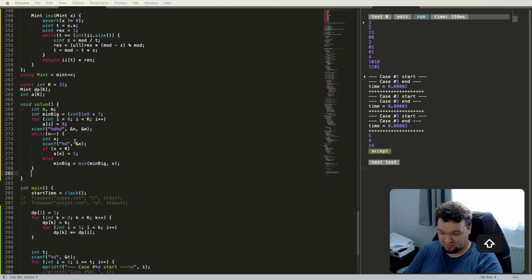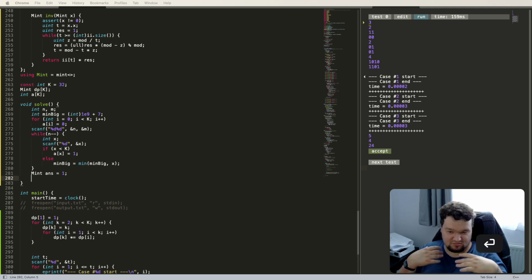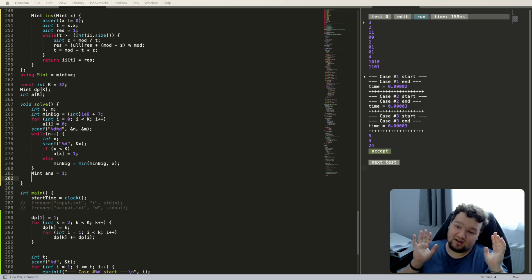Okay, now we'll just do the operations in the most straightforward way we can, but we will skip blocks that are generated by one number.